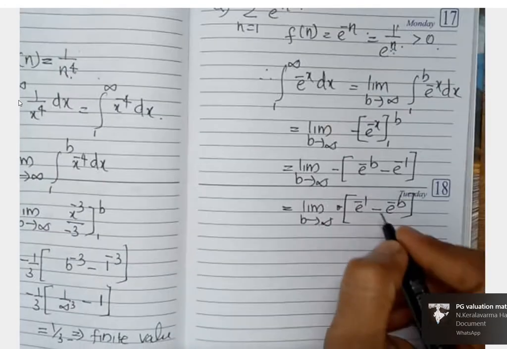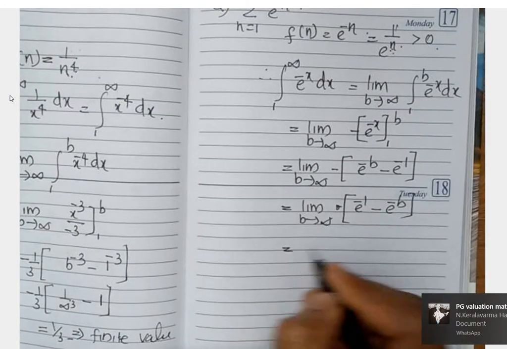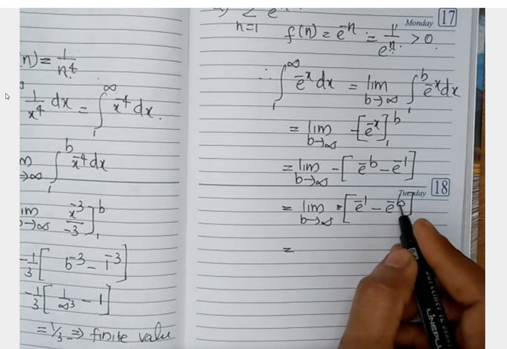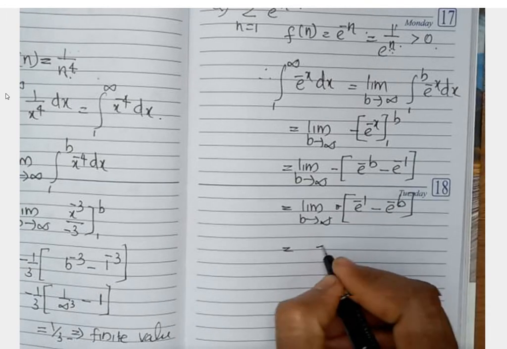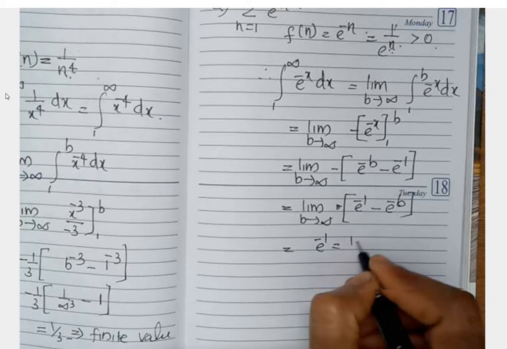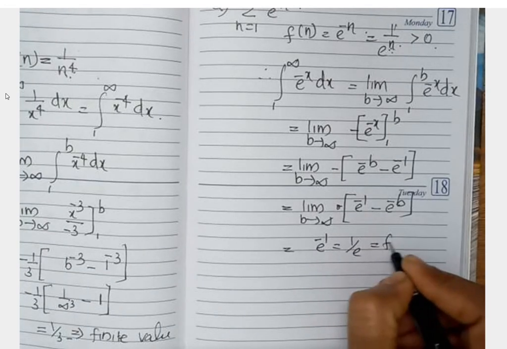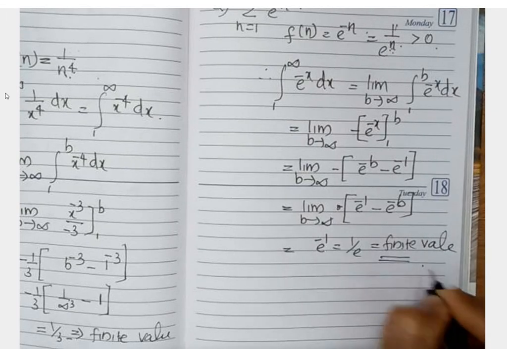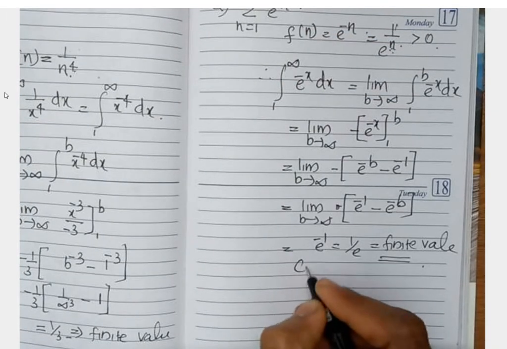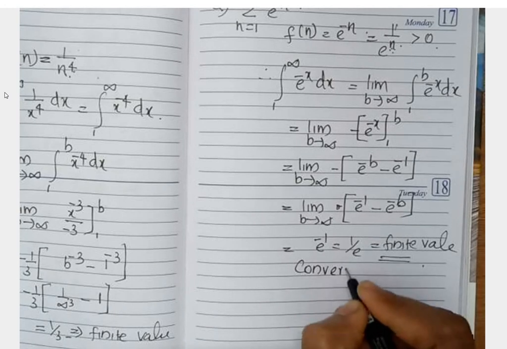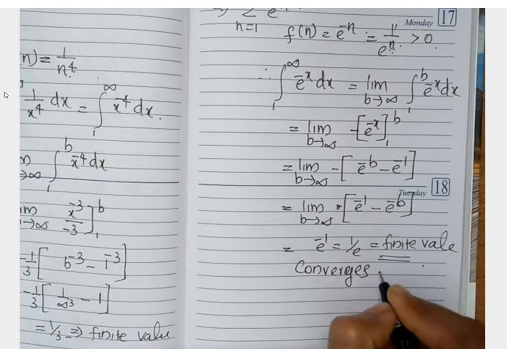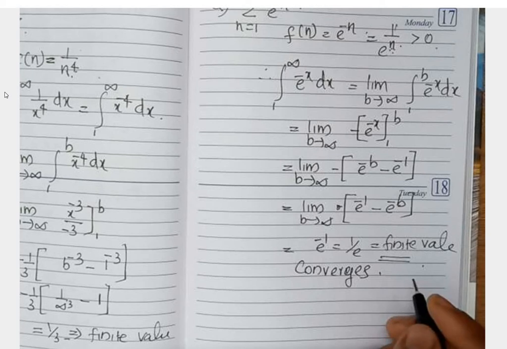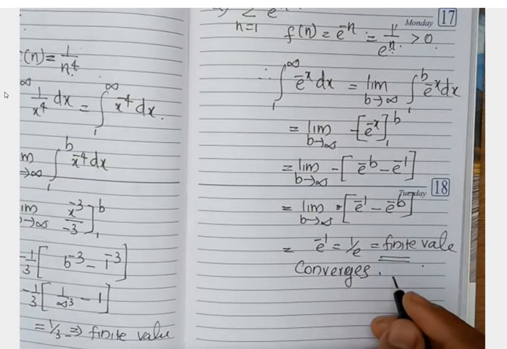Since e raised to minus infinity is 0, the remaining is e raised to minus 1, that is 1 by e, which is a finite value. So the series converges.